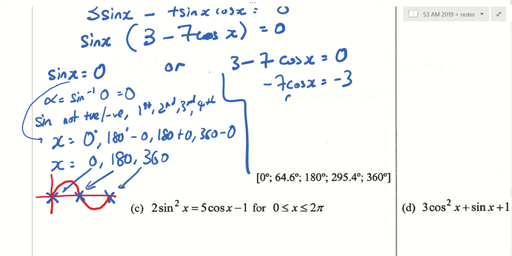Divide. So cosine x equals to 3 over 7. This is what you do best, because negative becomes positive. And this is what you do best because this goes back to the 3 steps. So Nigel, how do I find reference angle?